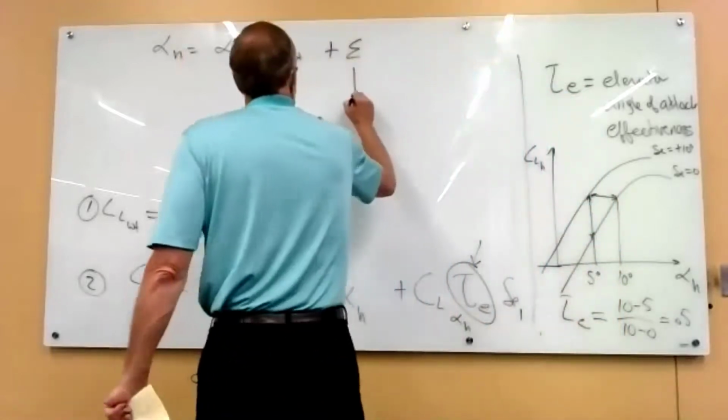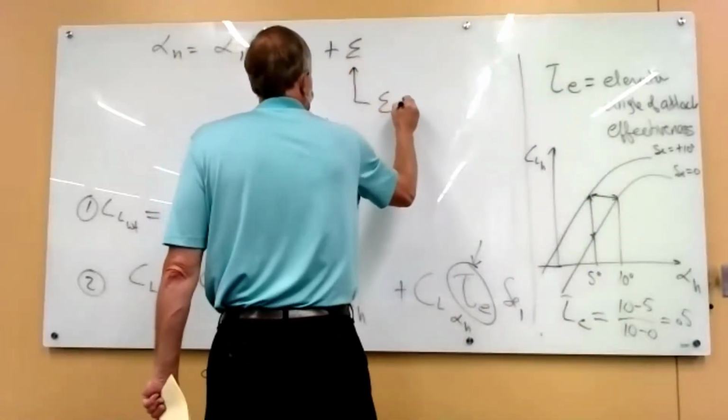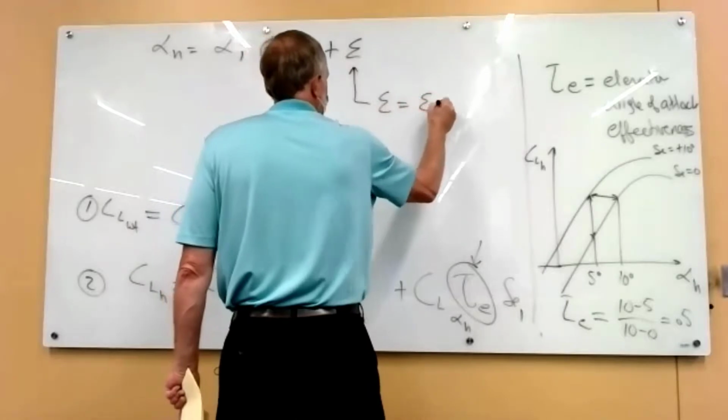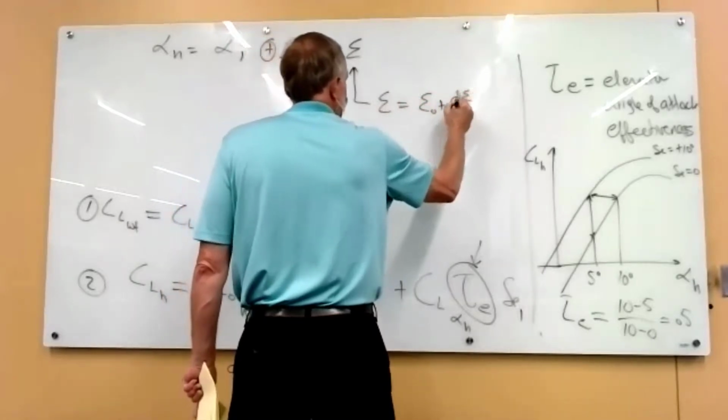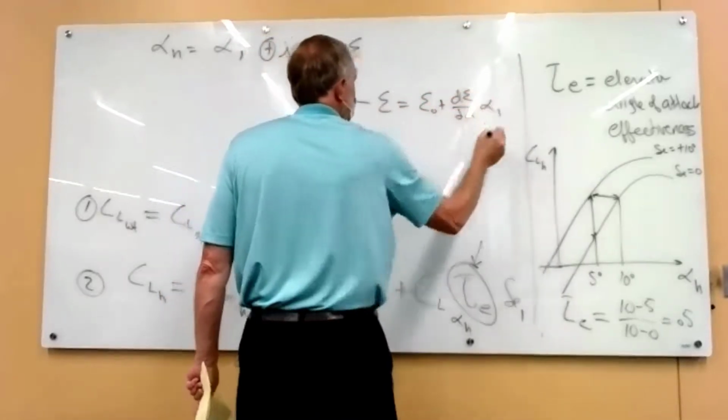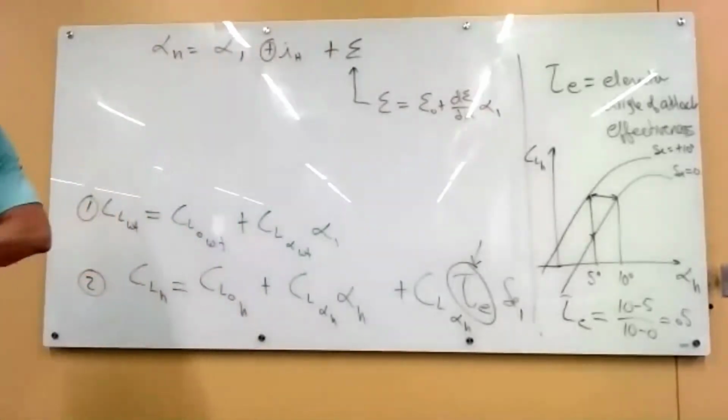And then we're going to add in our model. So our downwash model is, we're saying the downwash changes with angle of attack. And so there's our downwash model. And that's because those wingtip vortices at higher angles of attack are stronger, and they're affected by the angle of attack. So that's our model that we use for that.